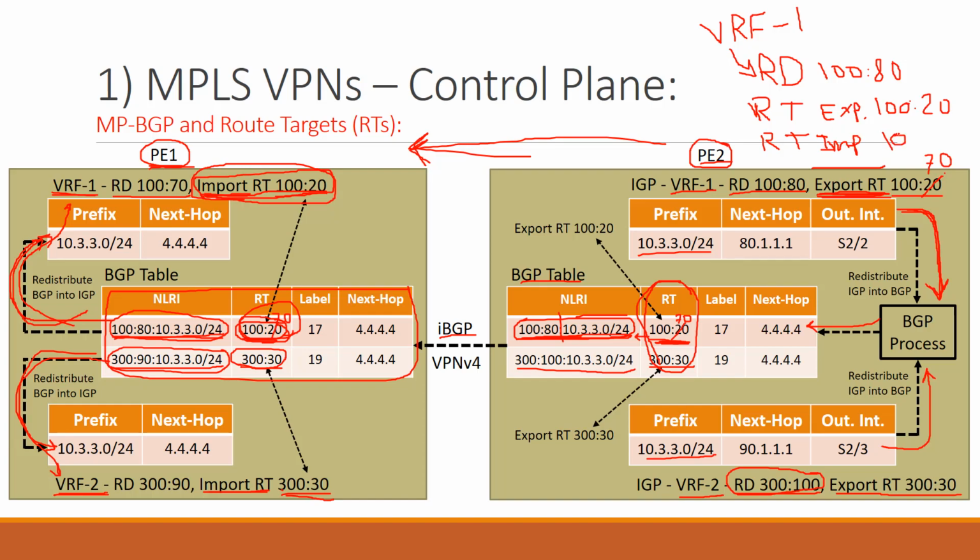Let's say it is 100:20. If provider edge 1 will advertise to provider edge 2 a route in VRF1 that has export route target 100:20, this specific prefix will be stored in VRF1 because the import route target matches the export route target on provider edge 1. So this is how route targets work.